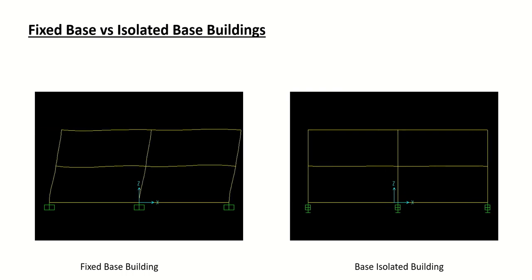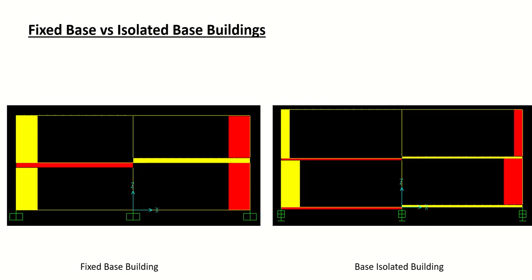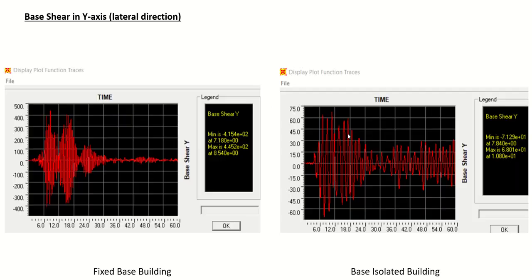Okay, so this is a comparison of shear force demand in this structure. As you can see, the demand is much greater in the fixed base structure as compared to the isolated structure. And here is another comparison of the base shear. In the fixed base building, the maximum base shear is 445 kips.